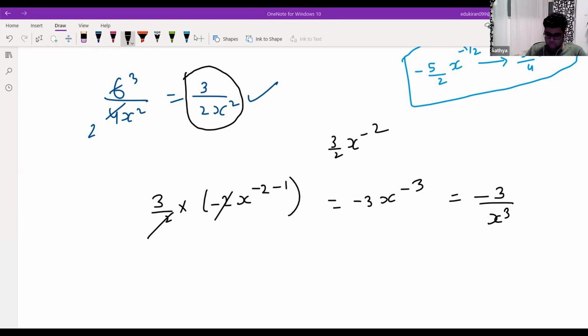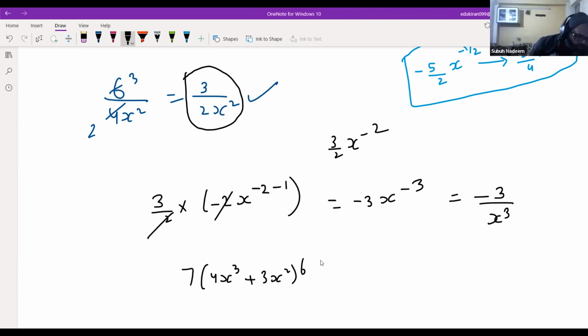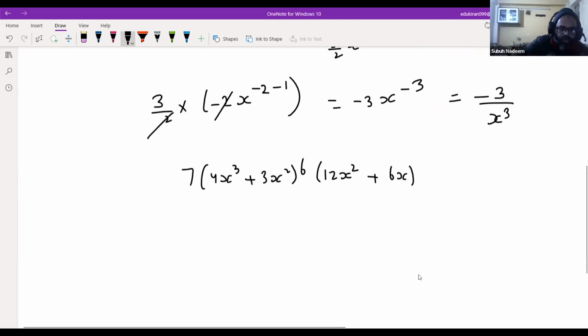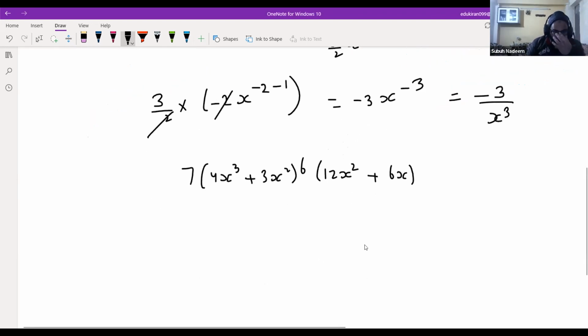The first derivative is 7 into 4x cube plus 3x squared raised to 6, into 12x squared plus 6x. Yeah, that is fine. Now, this is the first derivative. Second derivative.